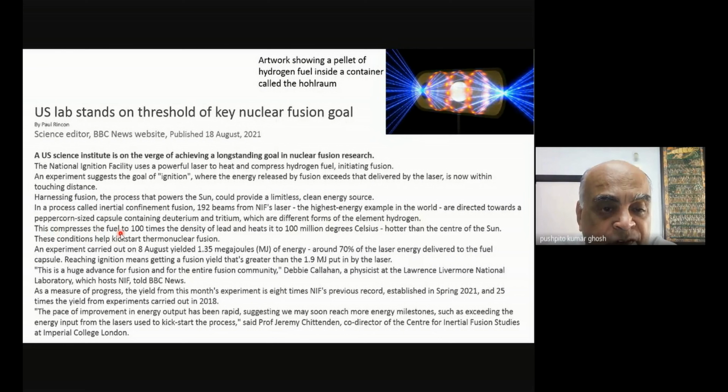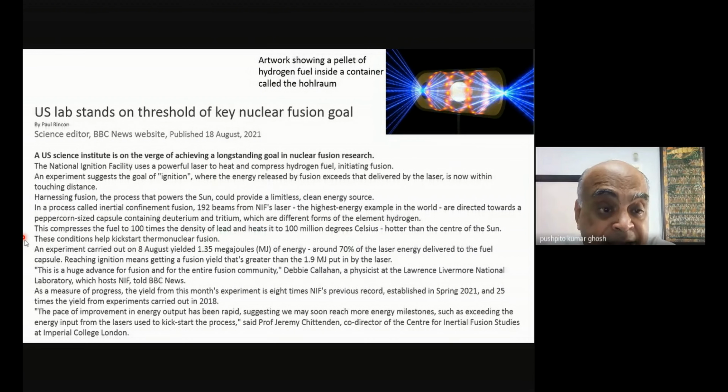This compresses the fuel to 100 times the density of lead and heats it to 100 million degrees Celsius, hotter than the center of the sun. These conditions help kickstart thermonuclear fusion.